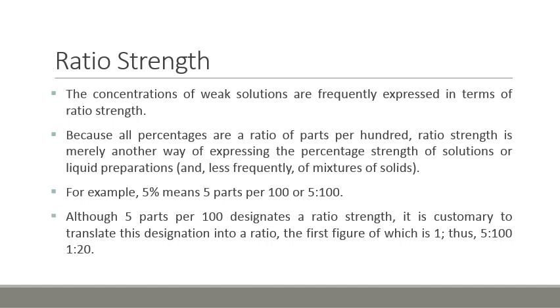For example, if we are saying 5%, that means 5 parts per 100, or 5 is to 100. Although 5 parts per 100 designates a ratio strength, it is customary to translate this designation into a ratio, the first figure of which is 1. Thus, 5 is to 100 can be written as 1 is to 20.